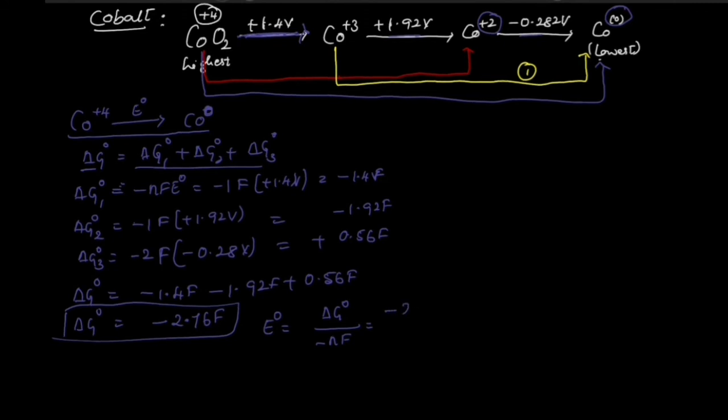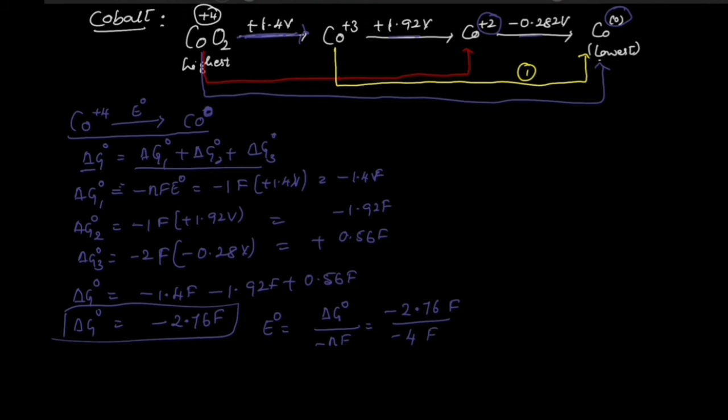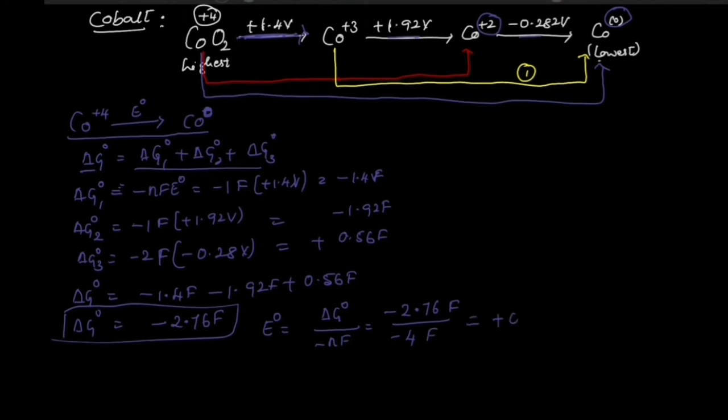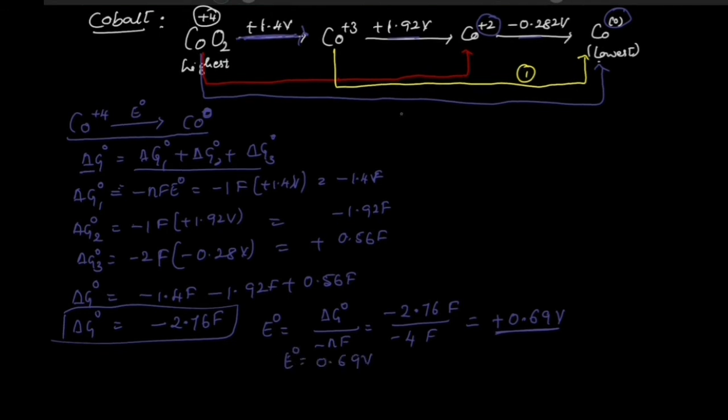We know that the delta G naught value for the overall reaction is minus 2.76 F divided by 4 electrons into F. If you simplify this, 0.69 volt. So this is the E naught value for the overall reaction.